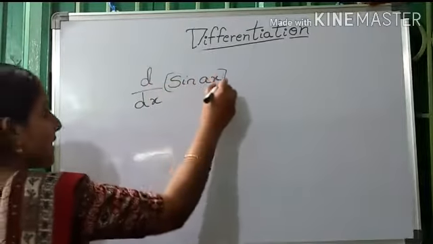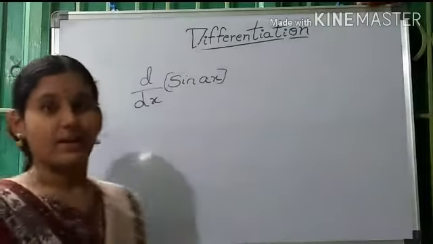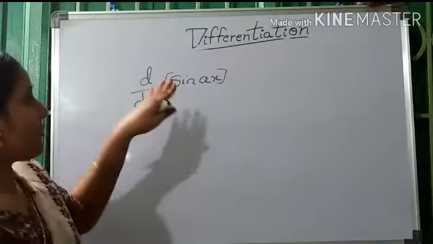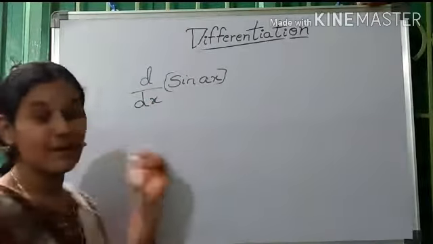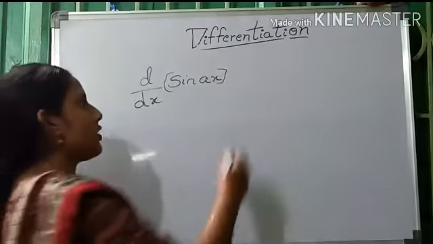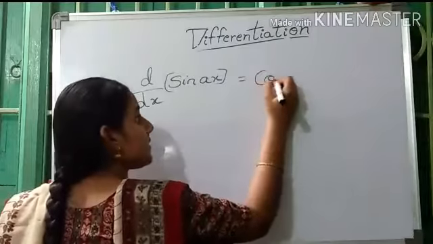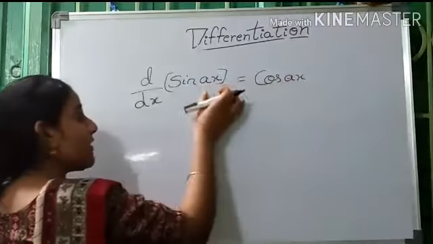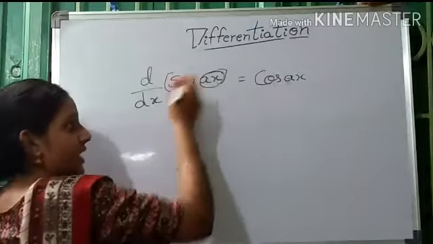We know that d by dx of sin x is cos x. So d by dx of sin ax is equal to cos ax. But there is some a in front of x, so we have to differentiate this one again.